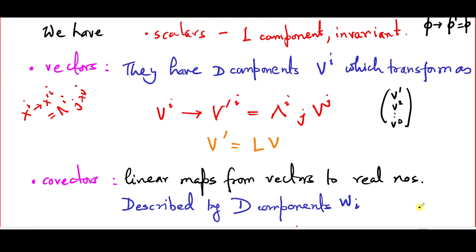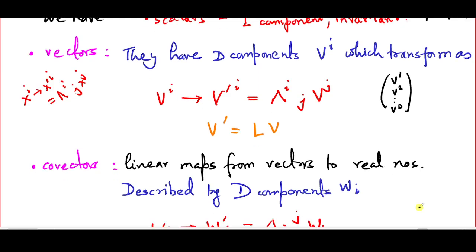And indeed, this is the reason why we have this upstairs-downstairs mix of positions for indices. We need a way to distinguish between vectors and covectors, because both of them have exactly one index which runs from 1 to d. If you are using the index notation, the only real way in which you can do that is by placing the index in a different place.